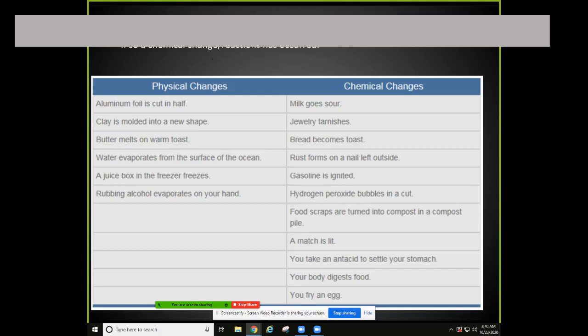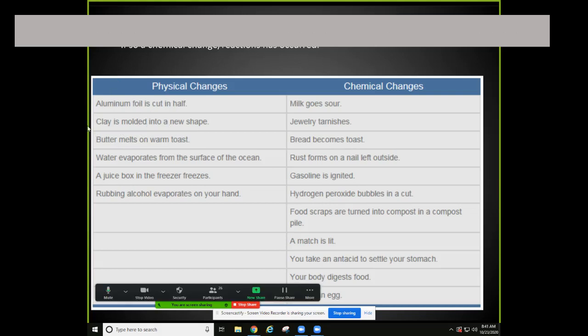Ask yourself, has something new been created or destroyed? If we have made something new, then it is a chemical change. Okay? But if the chemical formula of the substance didn't actually change, then it's just physical.